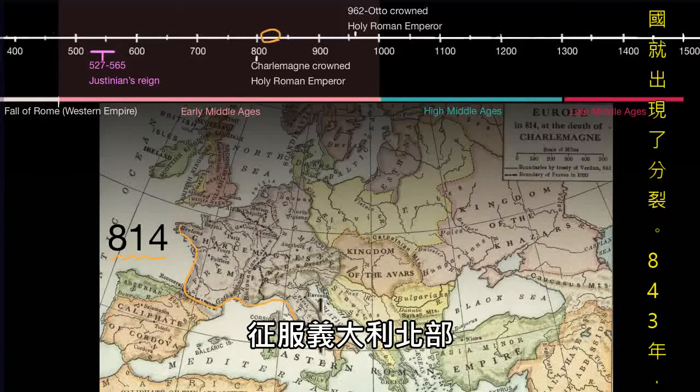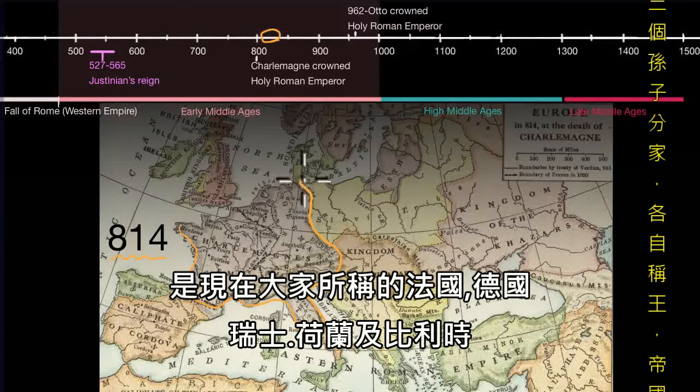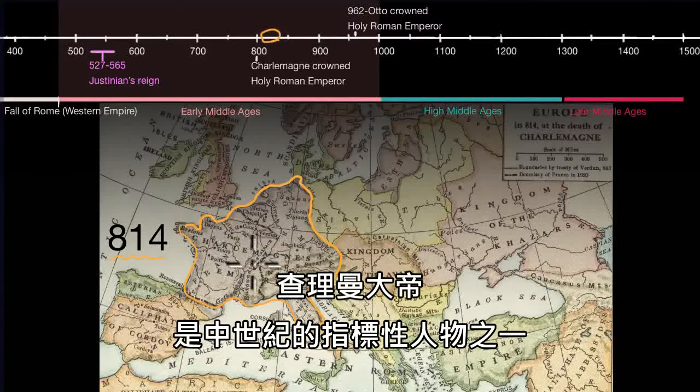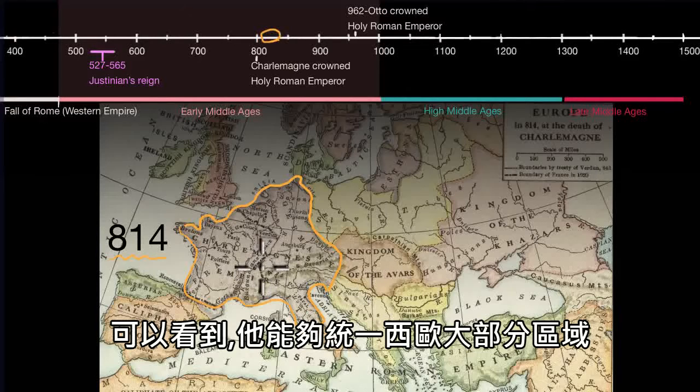He has conquered northern Italy, much of what we consider modern-day France, much of what we consider modern-day Germany, Switzerland, the Netherlands, and Belgium. Charlemagne is really one of the defining figures of the Middle Ages, and especially the early Middle Ages. As you can see, he's able to unify much of Western Europe.